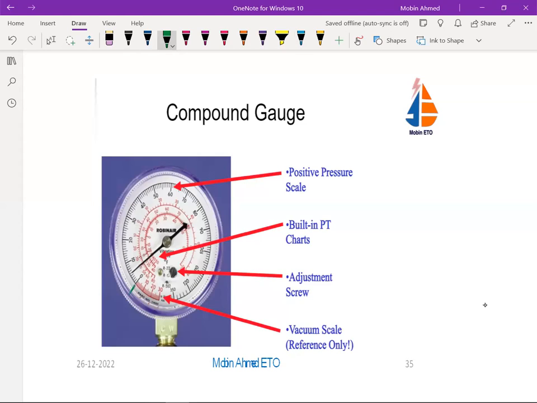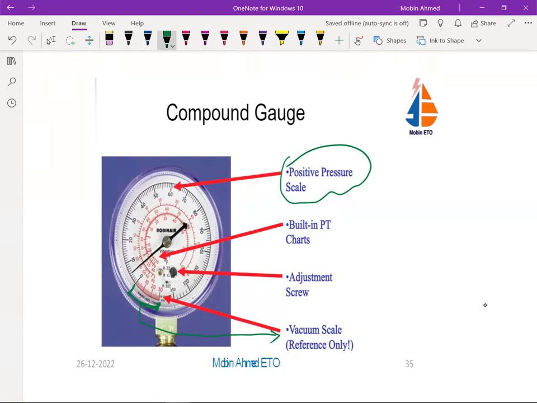You can see from here to here, this is a vacuum scale. Whereas from here to this side, it is a positive pressure scale. You are going to have both in this gauge. It is negative also and positive also.